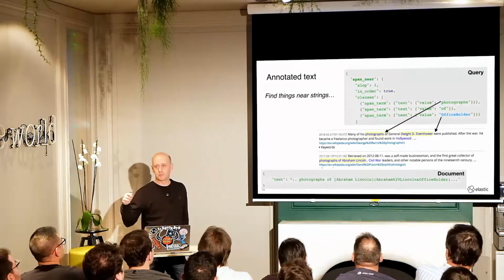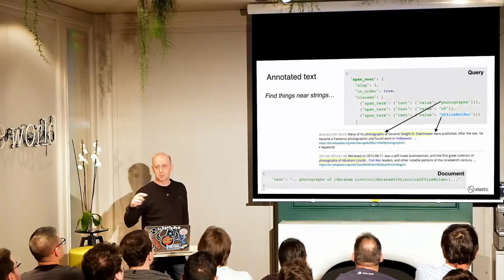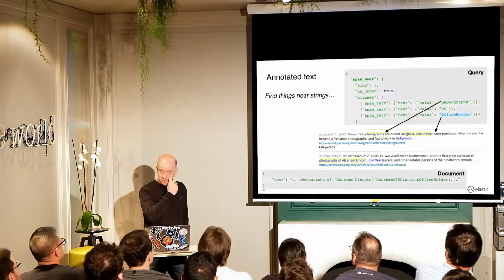So we know that they are office holders or politicians. You can imagine doing similar things: find me examples of politicians near words that are to do with bribes or corruption or money or any of these kinds of things. So you can get all the news articles talking about all the politicians who are doing all the dodgy things, because you've marked up all these documents to say this is a politician.